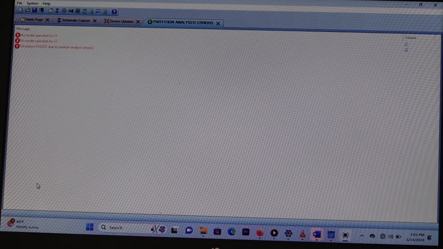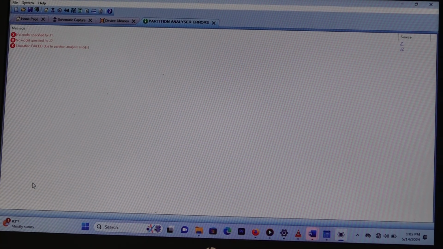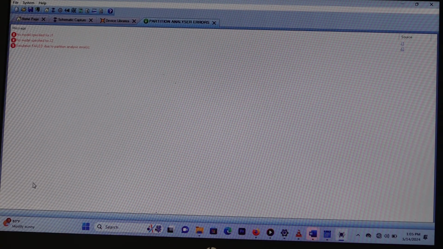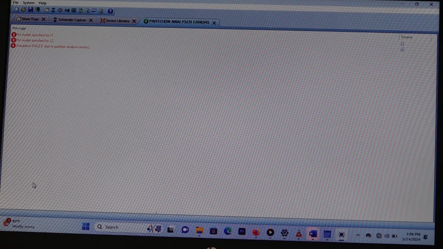Error. For you, I know that you hate errors. But in electronics, we love errors. Before, our circuit was running, giving us measurements. But now we have errors. What caused the errors? Wonderful. There is a part of the components which we connected in our circuit which does not have a mathematical equation behind it. And that is what? The 10 pin connectors.